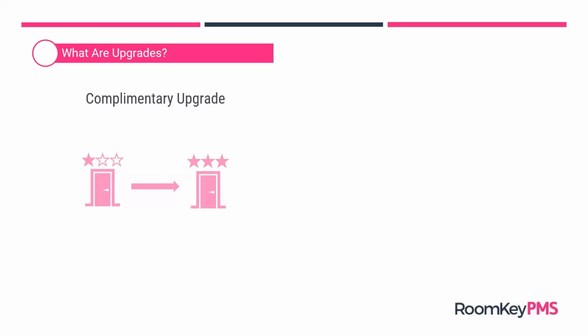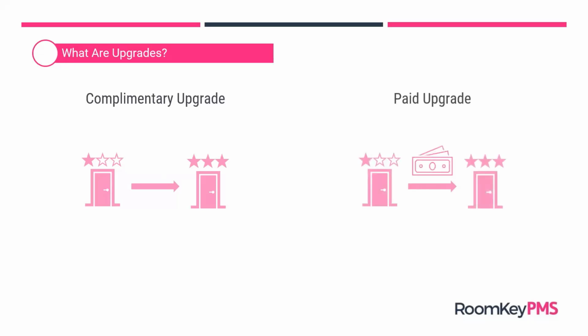Now, we can also do paid upgrades. The same concept, where the guest has booked a standard type of room, but they are paying to upgrade to a higher category room. And this paid upgrade is where we really define that it's different from a simple room move or changing the room type, because these paid upgrades can also be part of an incentive program for your front desk team.